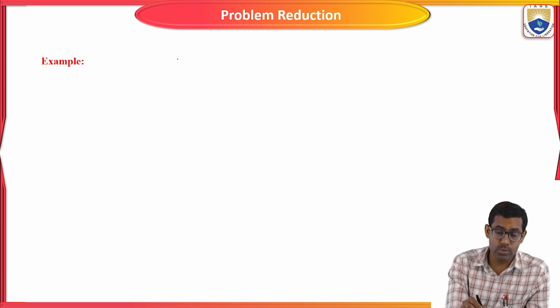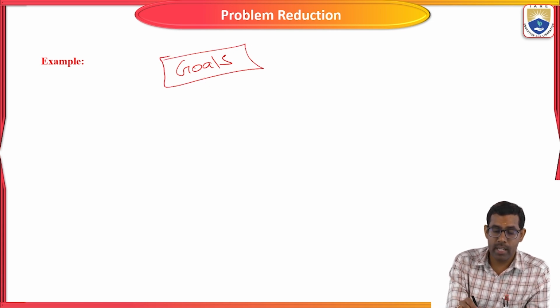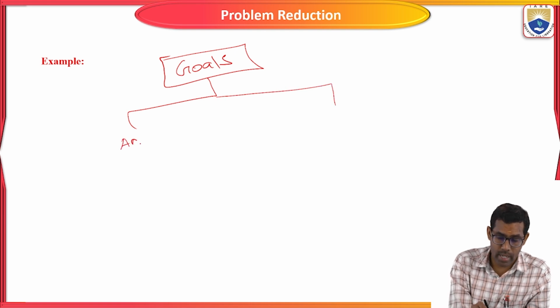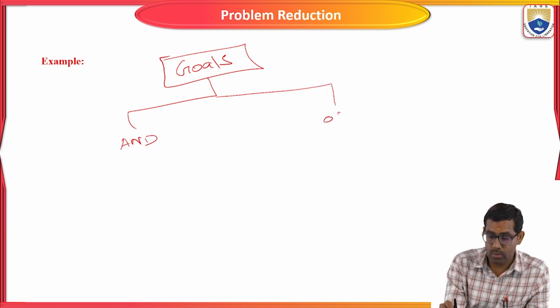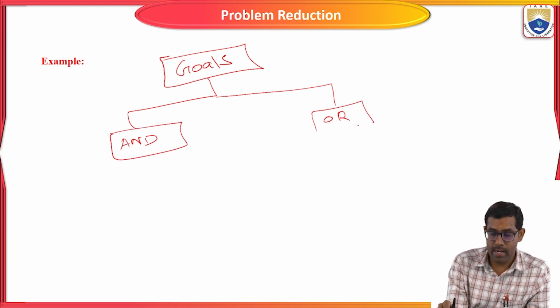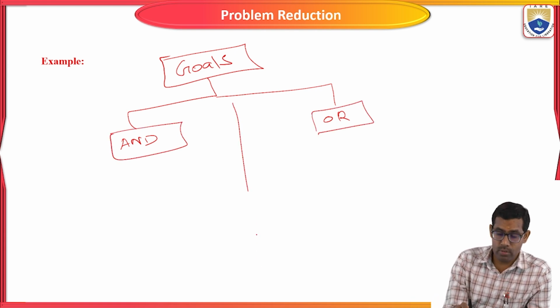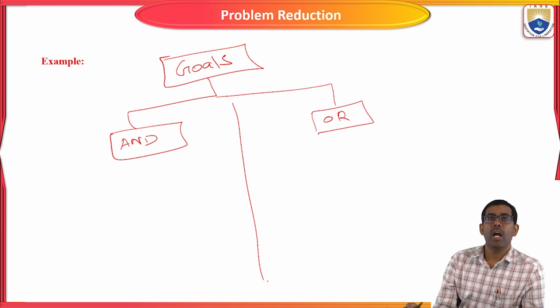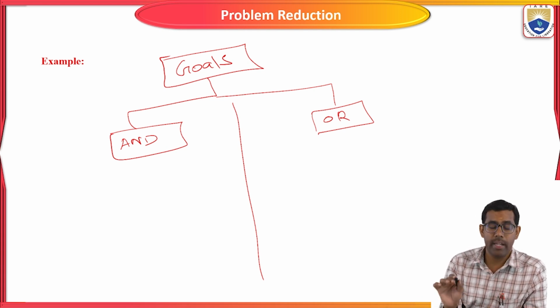For example, I'm going to use some goals. Consider this one. Here we are going to use two approaches: one is AND and one is OR. So I'm going to give you an example for problem reduction using the AND-OR graph.